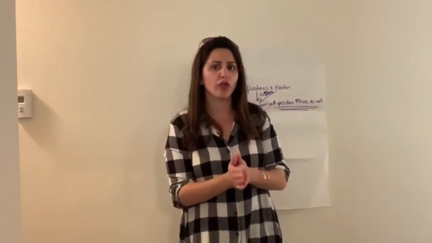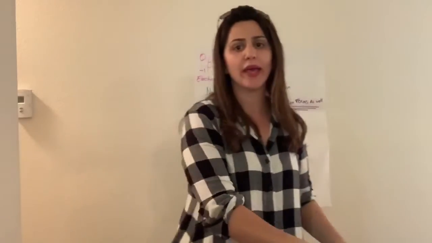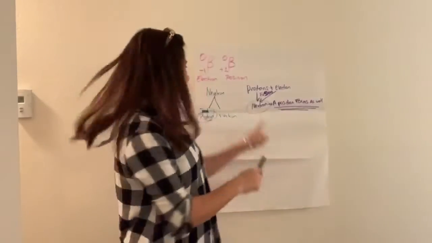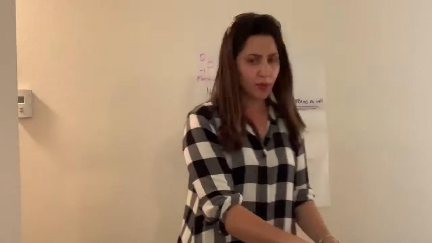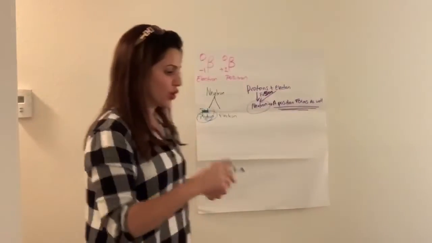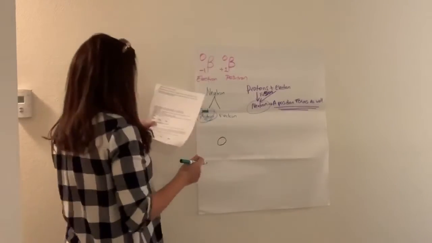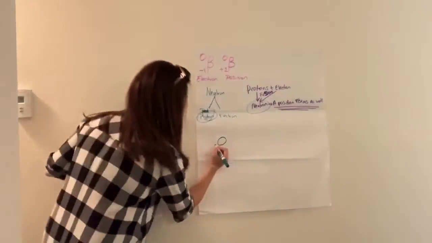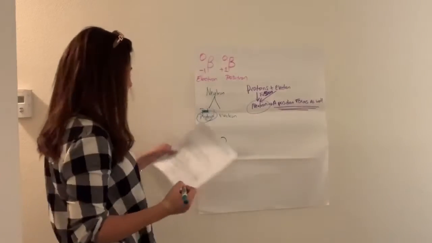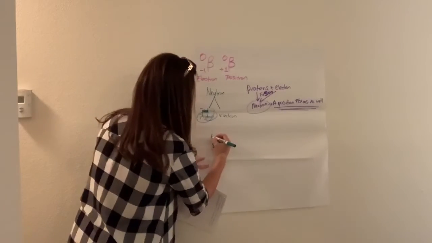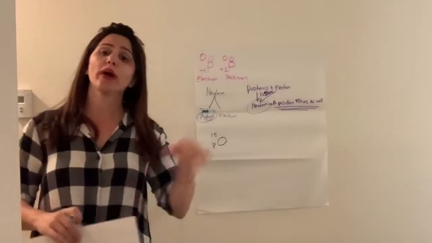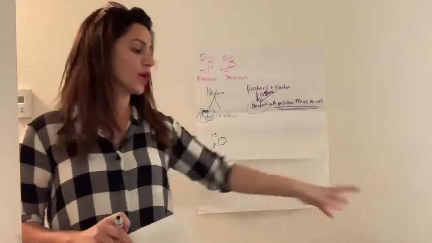Okay, so let's now go through an example of a beta decay where a positron is produced, okay? And so let's take the example of oxygen. So we have oxygen. Oxygen has 8 protons, so we'll put the number 8 over here. And we'll say the atomic weight is 15. By the way, when we're talking about the atomic weight, we're not just going to look at the periodic table.